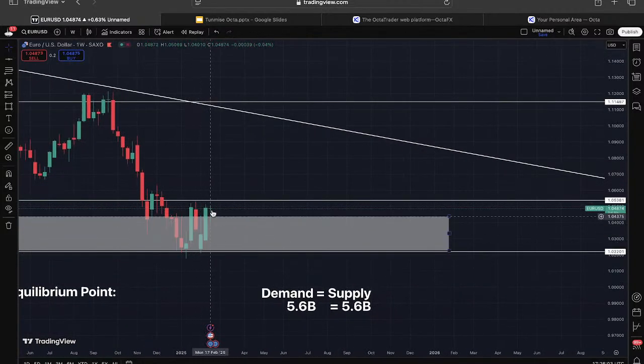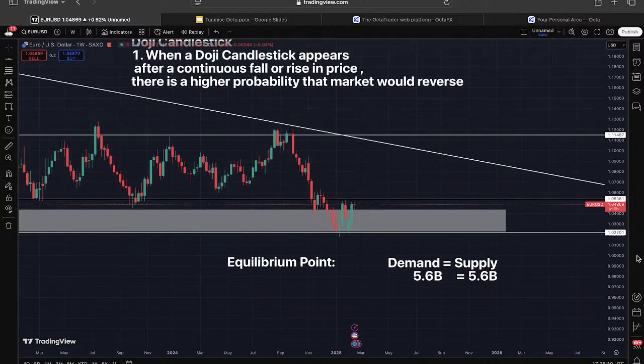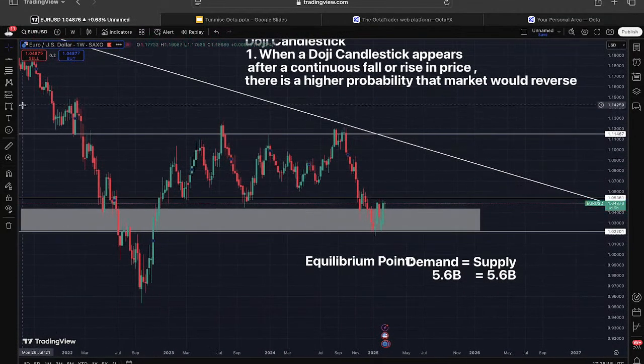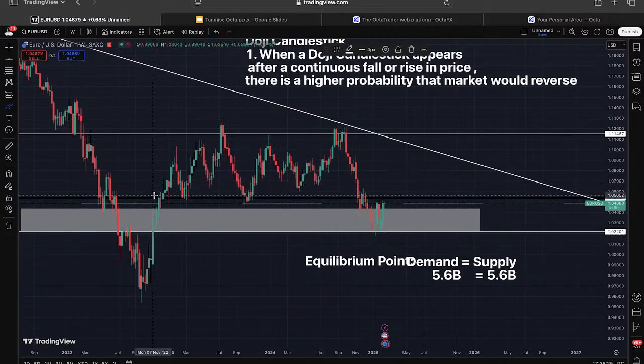The bullish momentum is building up at this level. Now, what would be our confirmation for a buy? Because we will need a confirmation. And why would we need a confirmation? If you observe clearly, the market is actually below a support level. This is a support level here.